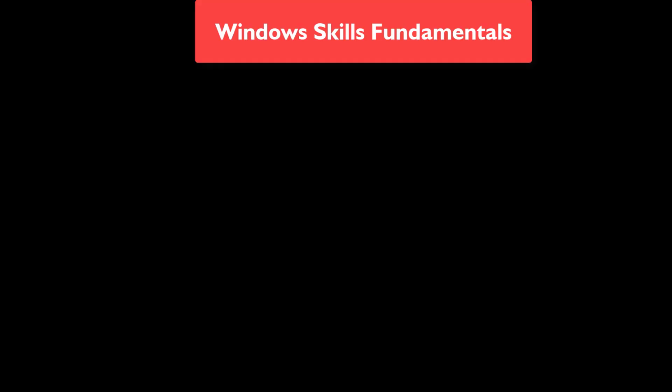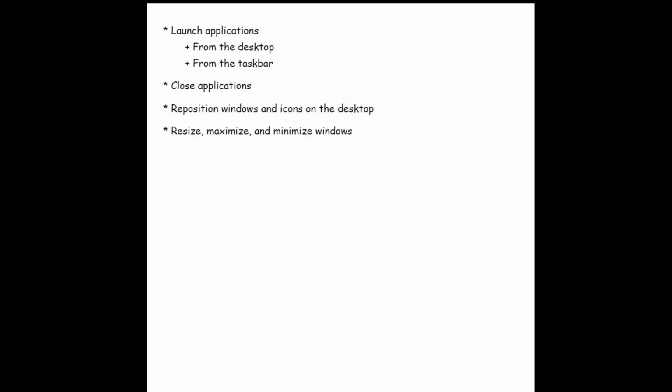So now you have a solid base of Windows skills fundamentals. They may have snuck up on you without you realizing it, but reflect on this list to see if you can recall how to do each of these. Launch applications from the desktop from the taskbar. Close applications. Reposition windows and icons on the desktop. Resize, maximize, and minimize windows.